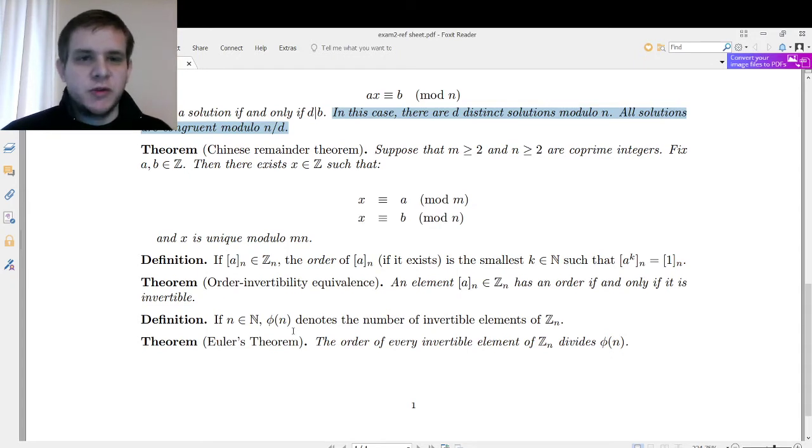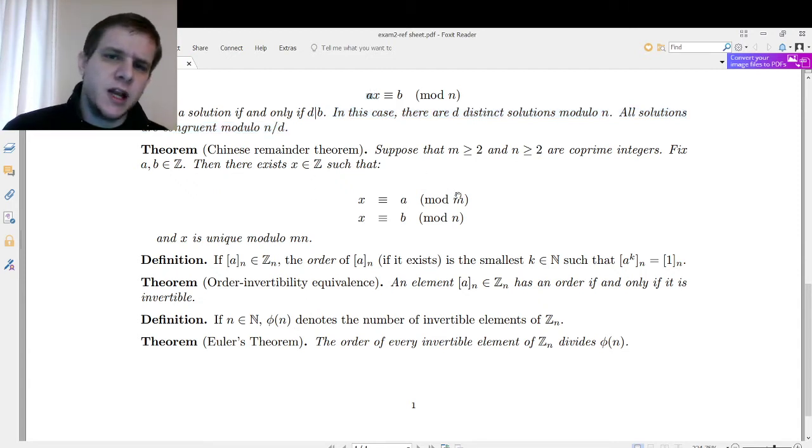The next theorem we proved was the Chinese remainder theorem. This is similar, except here the coefficient of x is going to be 1, and instead of just one equation, I have a system of equations with different moduli. So I want a single number x in Z that is congruent to A modulo one modulus and B modulo a second modulus, m and n.